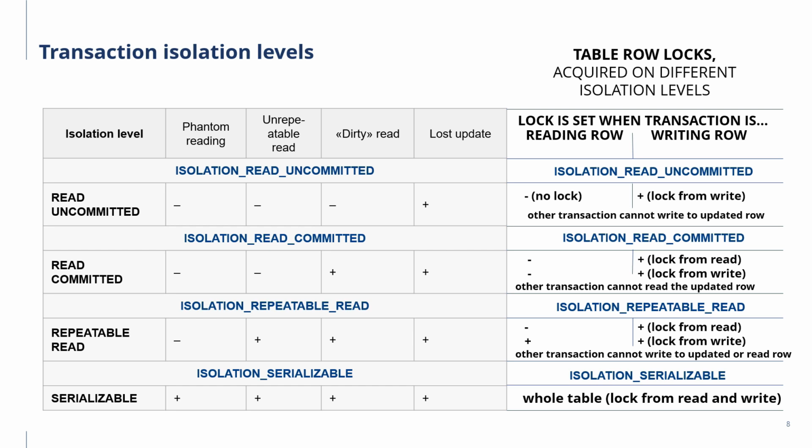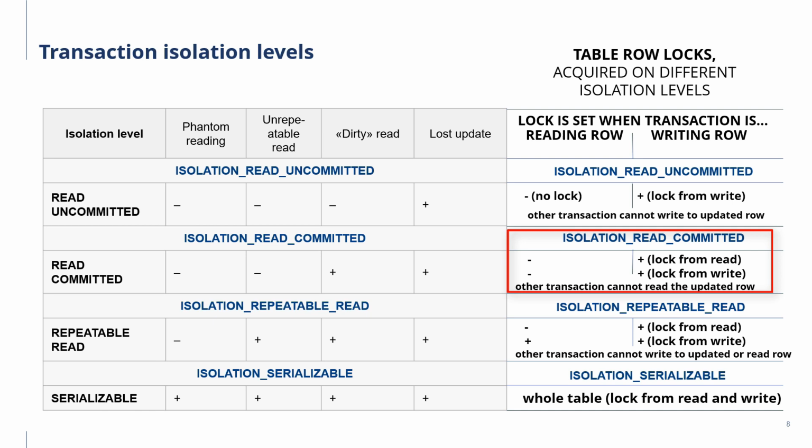Okay, the next isolation level is read committed. My transaction number 1 is doing a reading. Transaction number 2 can do either a reading or a writing. There is no lock. But if my transaction number 1 is doing a writing, the second transaction, number 2, will be locked both from reading and from writing, as we see here.